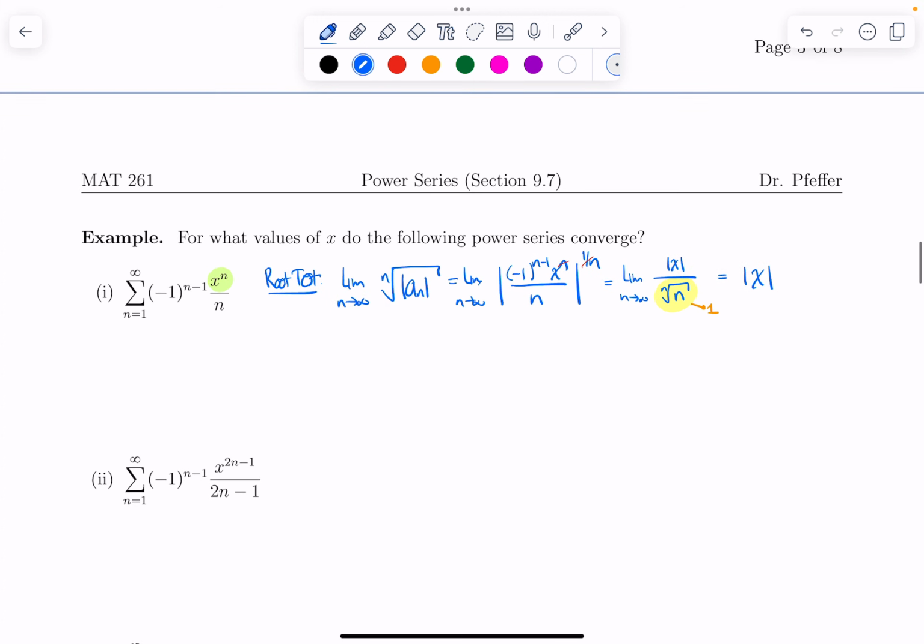The root test says that this converges absolutely if that limit, which we just saw is absolute value of x, is less than 1. So frequently the way I like to write it is I like to write less than 1, and I like to say convergent if.